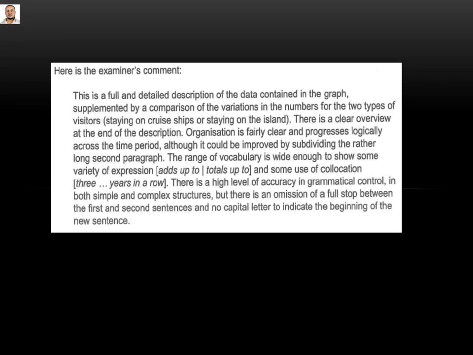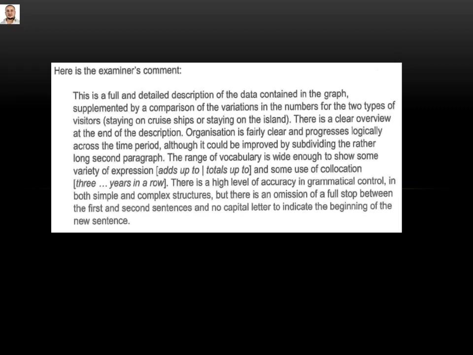There is a clear overview at the end of the description. Organization is fairly clear and it progresses logically across the time period, although it could be improved by subdividing the rather long second paragraph.